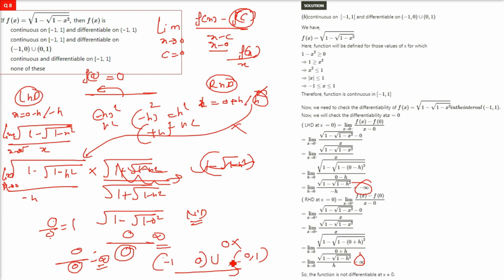But it was continuous on negative 1 to 1, that we already showed you. So this is differentiability; you have to strongly say it is not at 0. So round bracket, we are not including 0, but square bracket for negative 1 to 1, since this function is continuous between negative 1 and 1. So the answer is B.